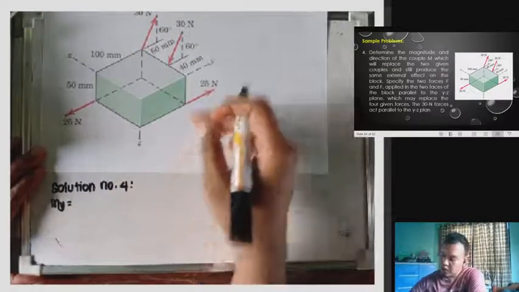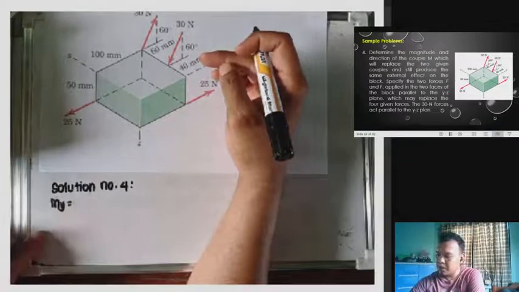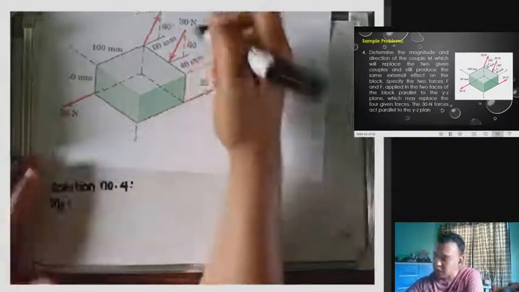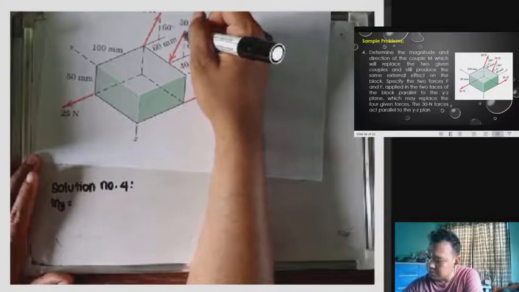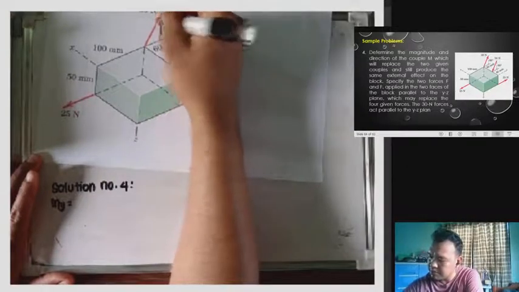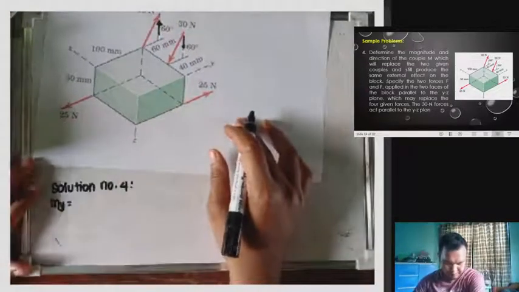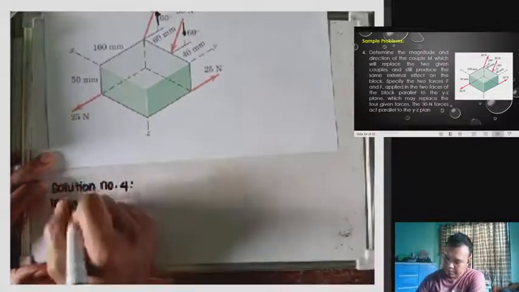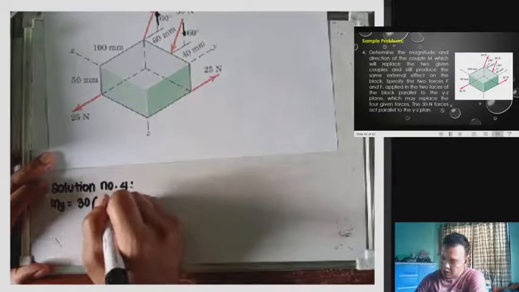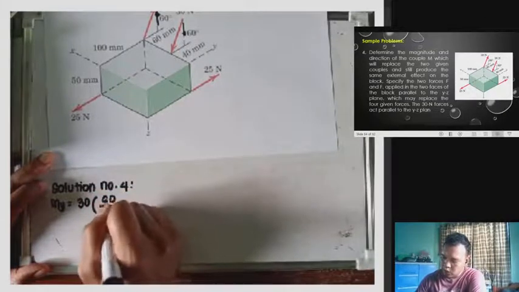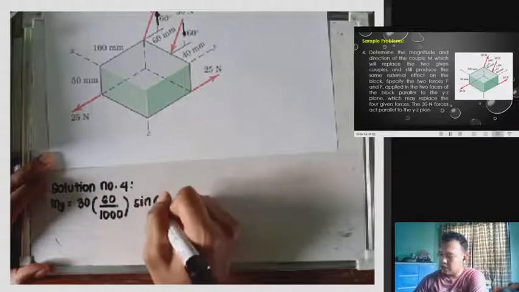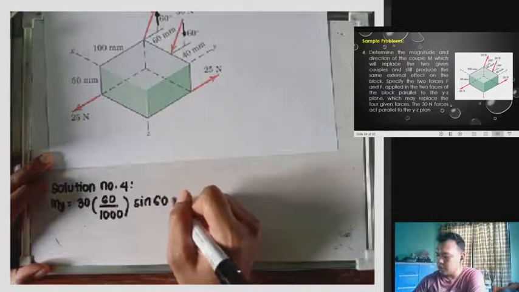So, pagsamahin natin yung lahat ng moment sa y. Ang moment sa y is itong force na vertical na ito, at itong patas na ito. So, we have here 30 times 60 all over 1,000 sine 60 degrees equals.